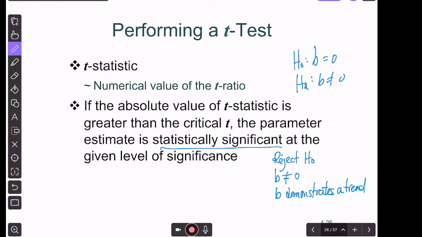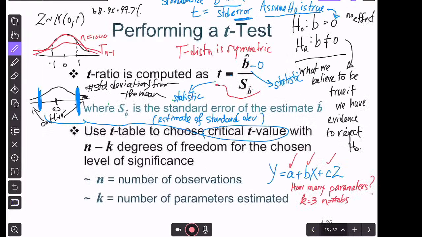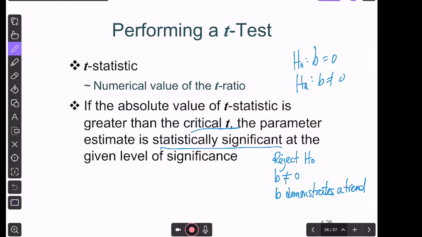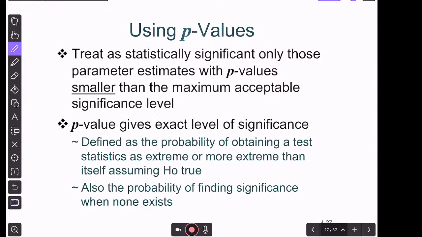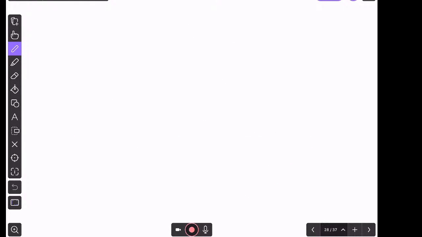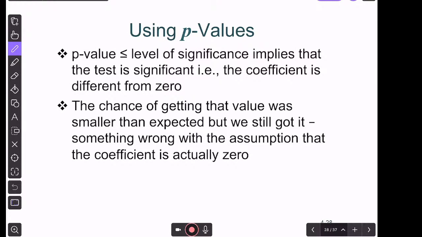So this is one approach using the critical values. You'd have to go to a table, or what happens in the output is that rather than the critical value, they calculate the p-value associated with the t that you calculated. Let me draw a picture.